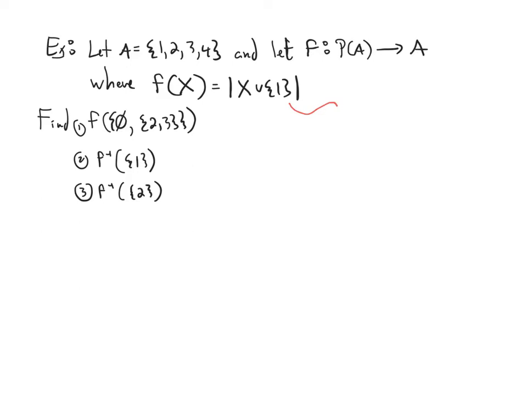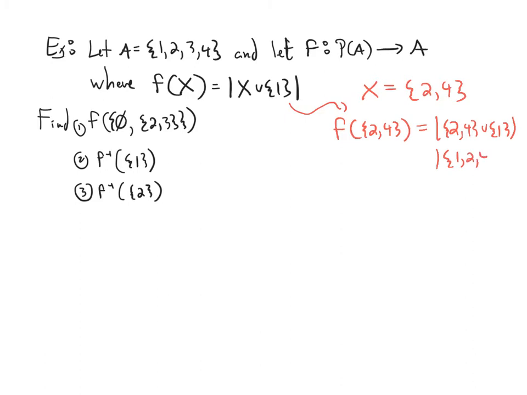So let's say X is the subset of A. Let's do {2, 4}. Then f of {2, 4} is the size of {2, 4} union {1}. And {2, 4} union {1} is the set {1, 2, 4}.